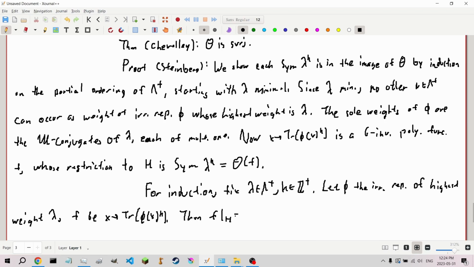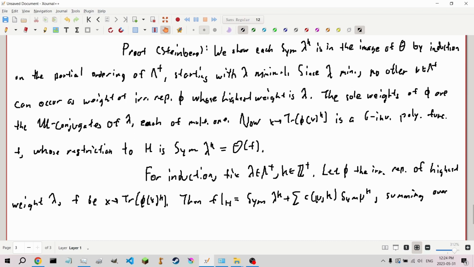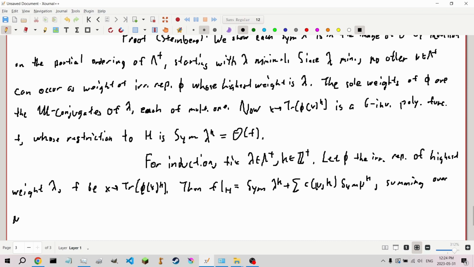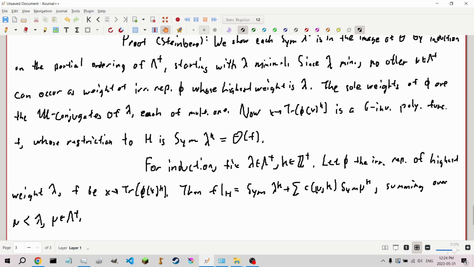The restriction of f to H is the symmetry of lambda to the k plus the sum of c lambda mu k times the symmetry of mu to the k, summing over mu strictly less than lambda, mu in lambda plus.